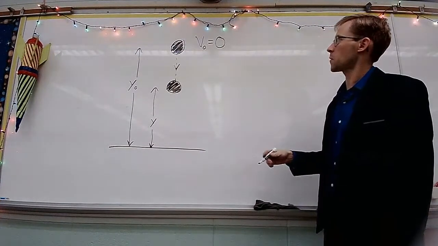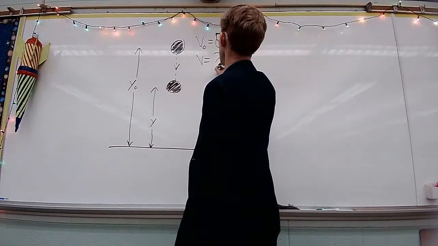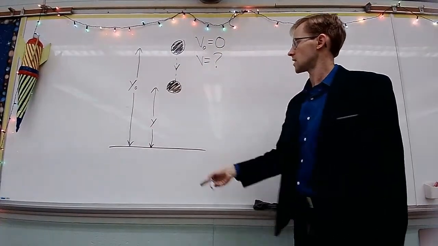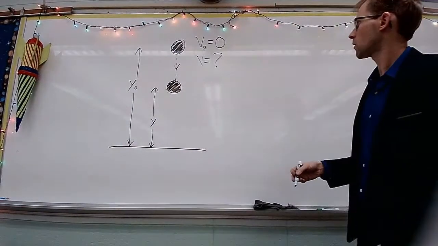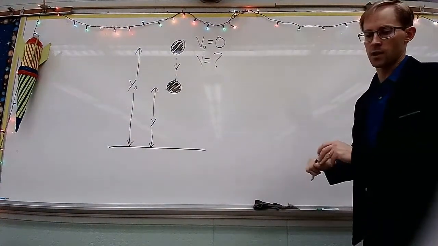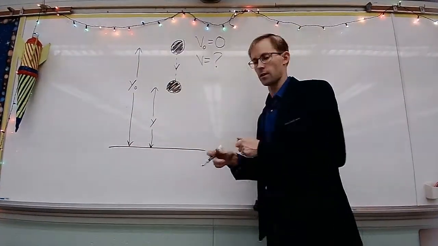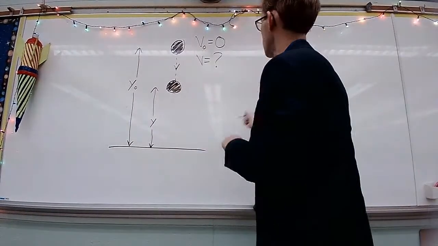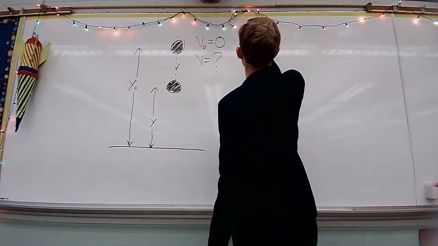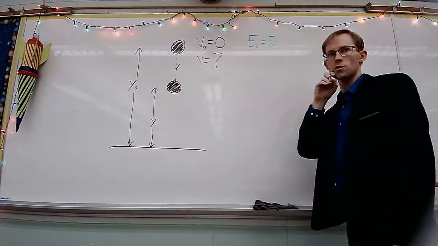But let's say we want to figure out what its velocity is at any point before it hits the ground, at any height y. So if we're going to do that, we can approach that using energy equations. Use a different color. It's green time. Original energy equals final energy.